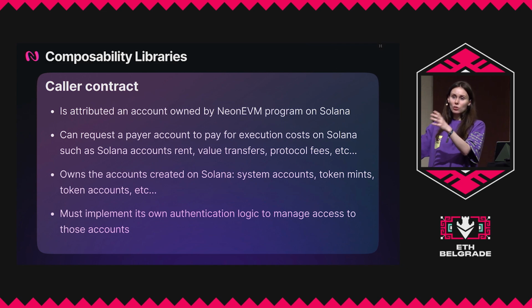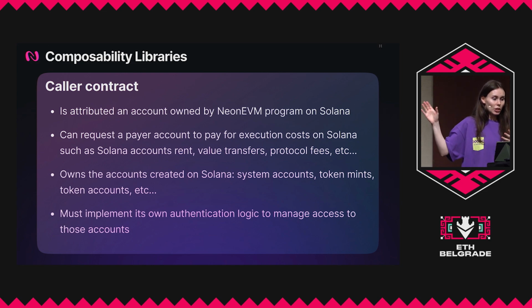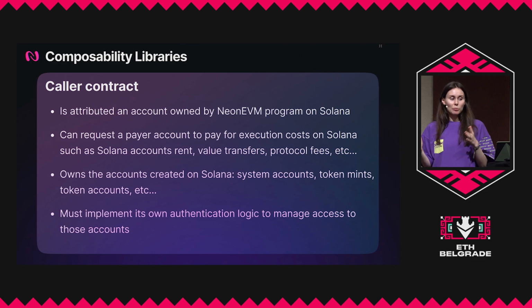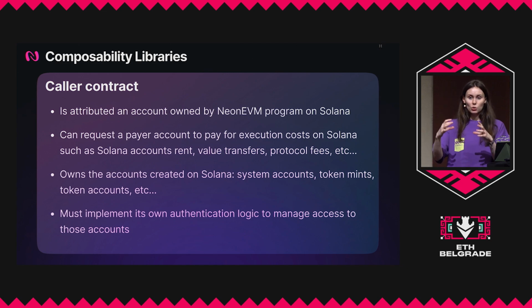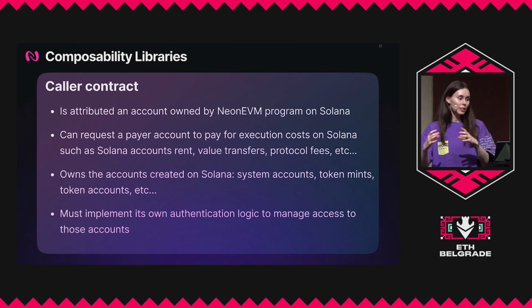But when we are talking about this cluster of instructions, at this point, the owner is the contract. Then it can request a payer account to pay for execution costs on Solana. As I've told you before, rent is going to be covered from the payer account, and the contract is going to request that, but it won't have to calculate it manually.